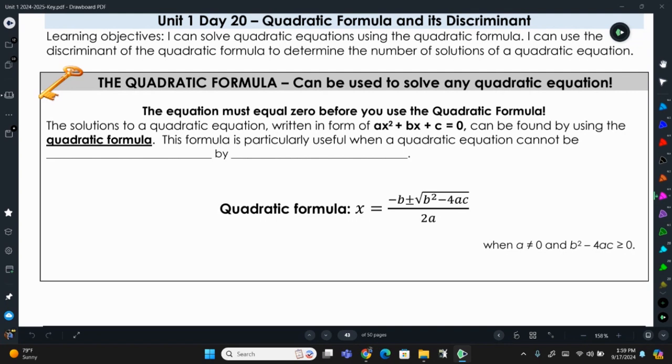It's one of those things where quadratic formula works for everything, and then the other methods work in those special cases. So like I said, we use the quadratic formula when we can't have equations be solved by factoring or completing the square.